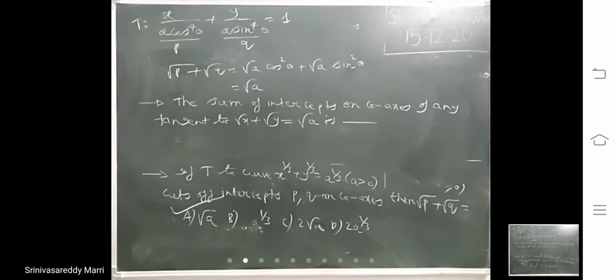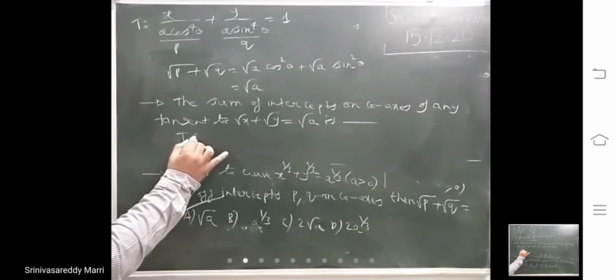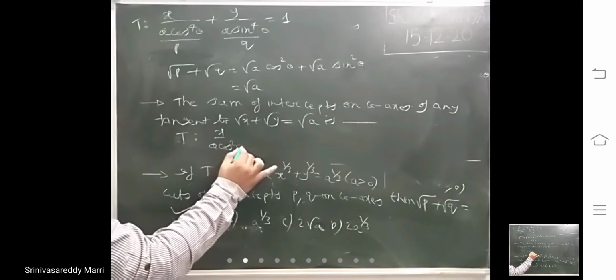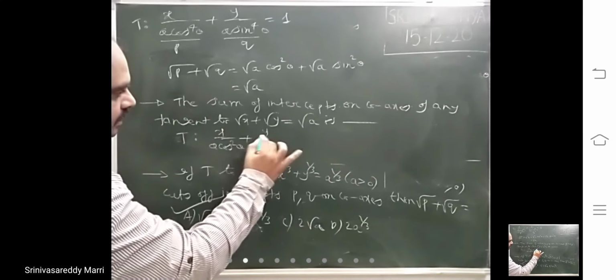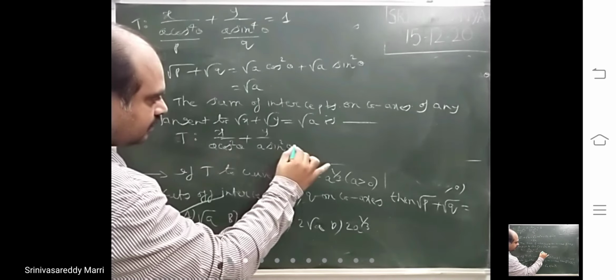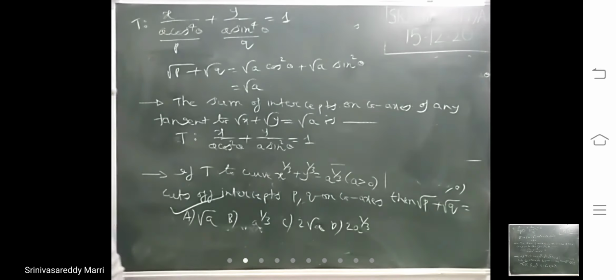Suppose it is asked like this: root x plus root y equal to root a. I told the formula, tangent is nothing but equal to 1. This is the tangent equation.